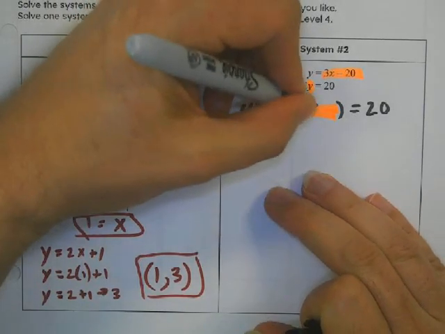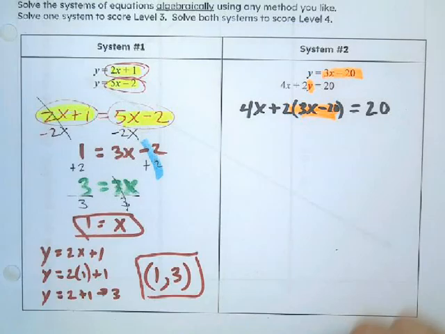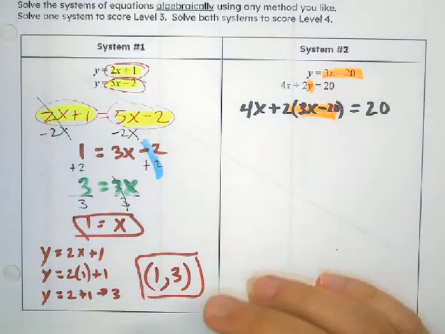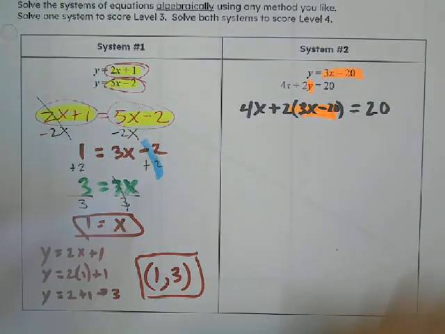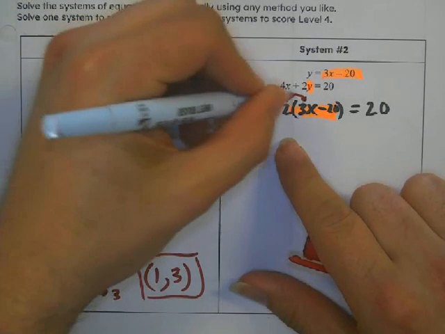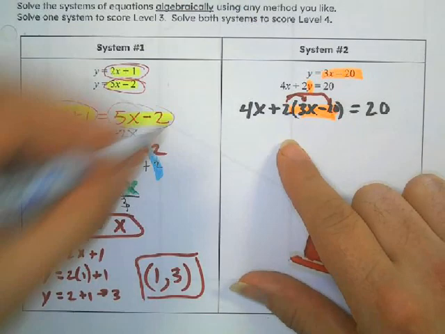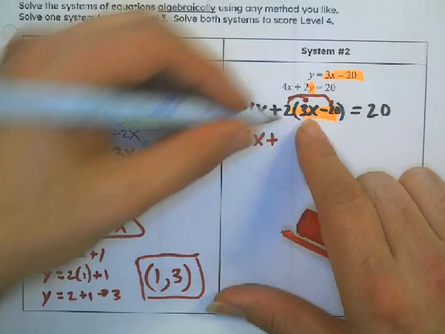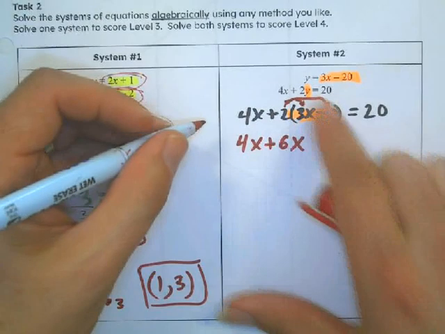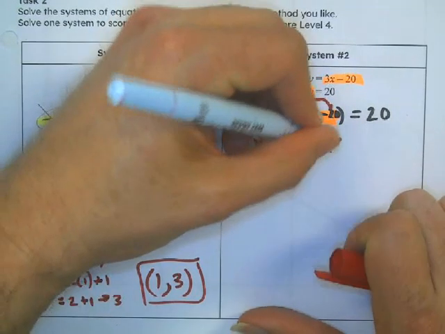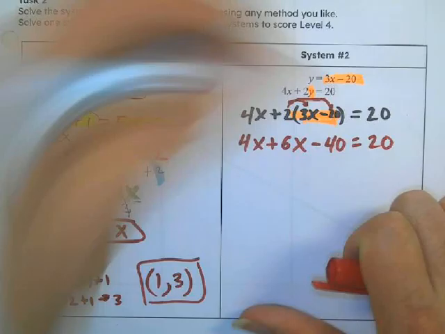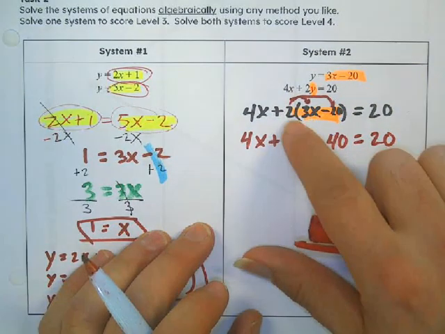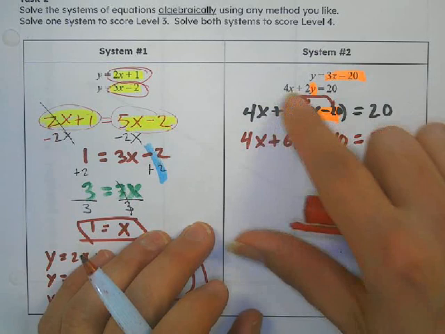Now I can do the distributive property with the 2. I'm going to rewrite 4x plus, and 2 times 3x gives me 6x, and 2 times negative 20 gives me negative 40. So I just did the distributive property with the 2 to the 3x and the 2 to the negative 20.